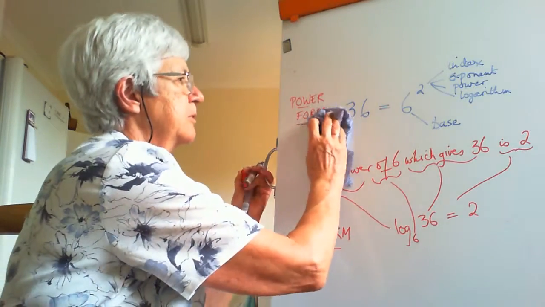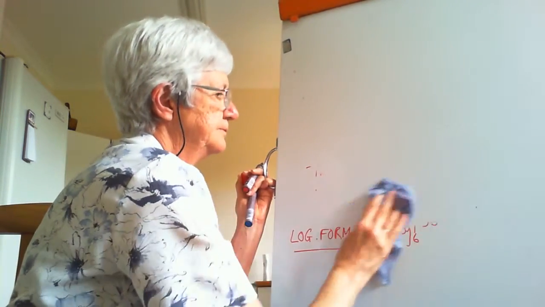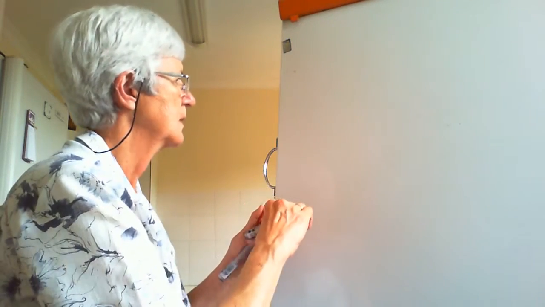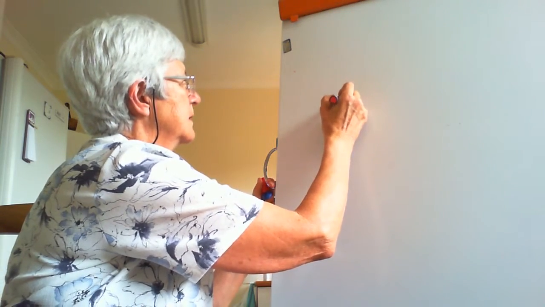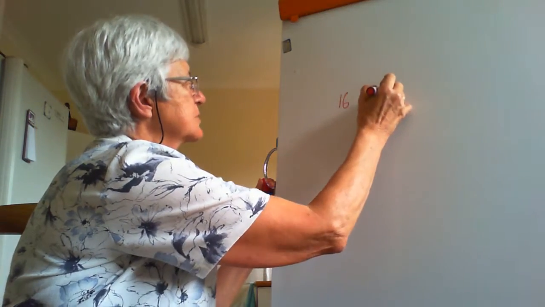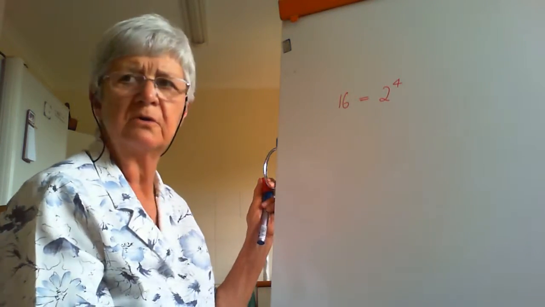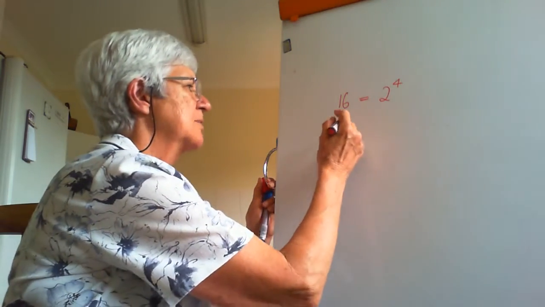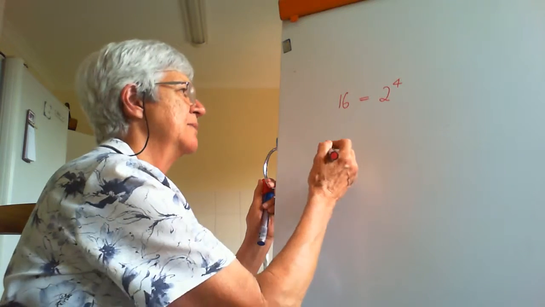So let's look at a couple more statements. If I said to you 16 equals 2 to the power 4 and asked you to write that in log form, you need to say to yourself, well, I'm talking about the power of a particular number giving another number.